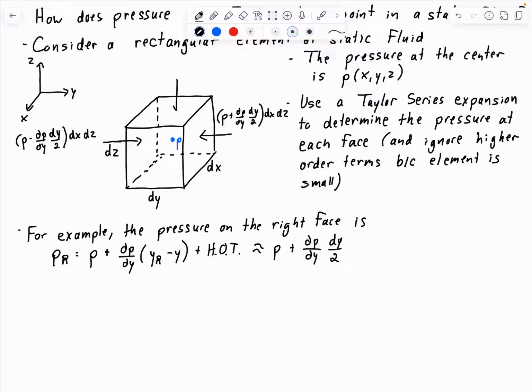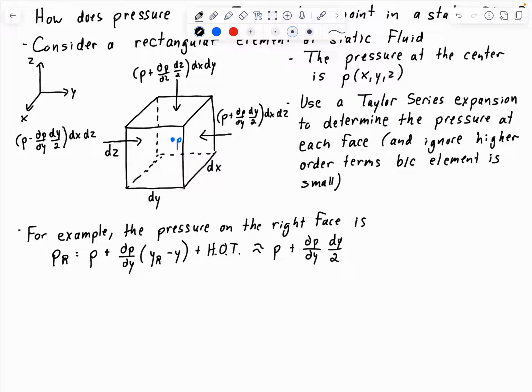Here we have a force on this top face from pressure, where the pressure is P plus del P by del z. This is the gradient of the pressure in the z direction going up, multiplied by that distance, dz over 2, and that's the pressure at that top face. We multiply that by dx times dy, which is the area of that face.